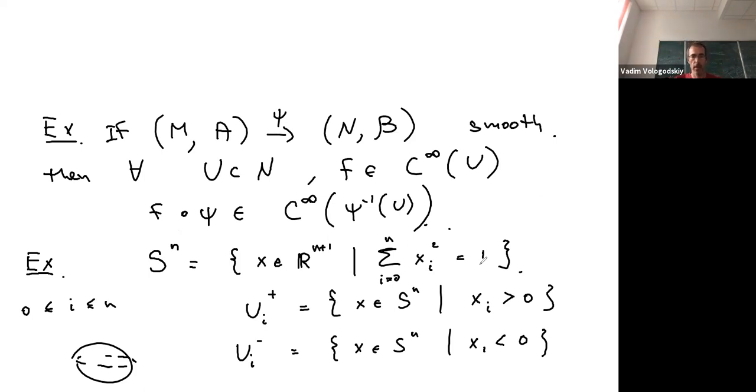So it comes with a canonical smooth structure. Okay, so this is a very useful general construction. It has a straightforward generalization. This is probably the last thing that I'll say today.